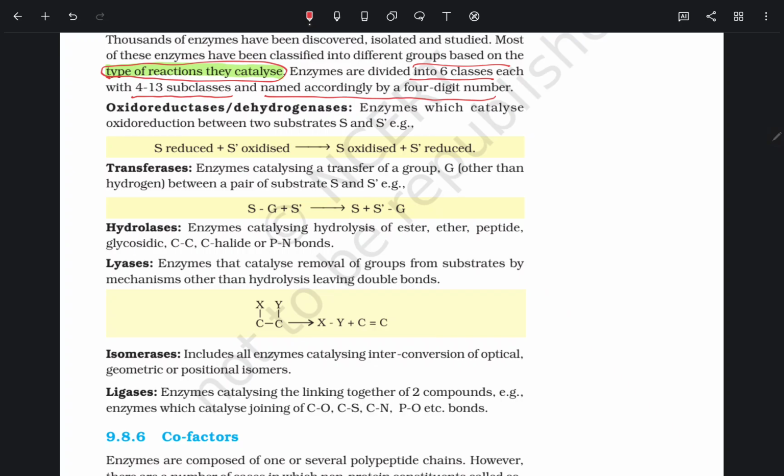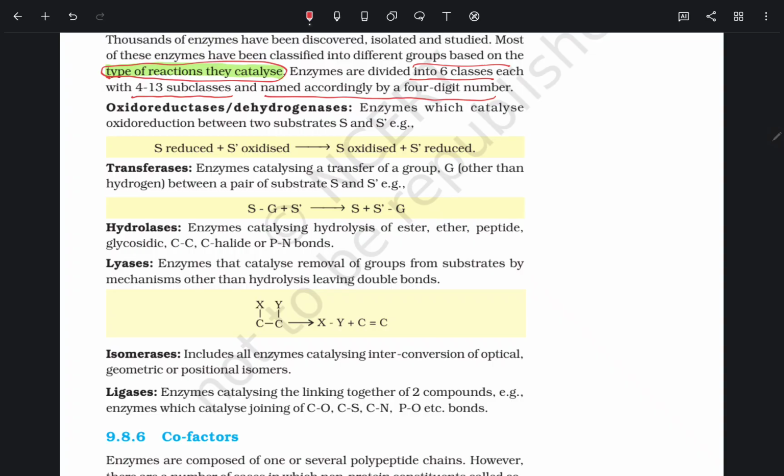Oxidoreductases: enzymes which catalyze oxidoreduction between two substrates S and S', S reduced plus S' oxidized gives S oxidized and S' reduced.